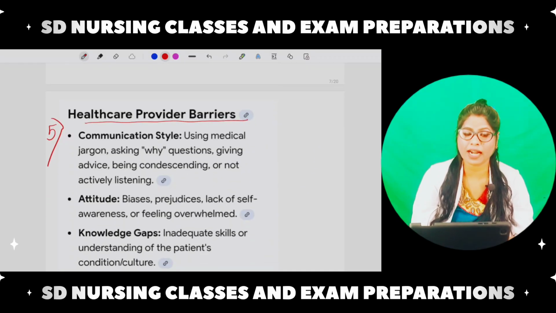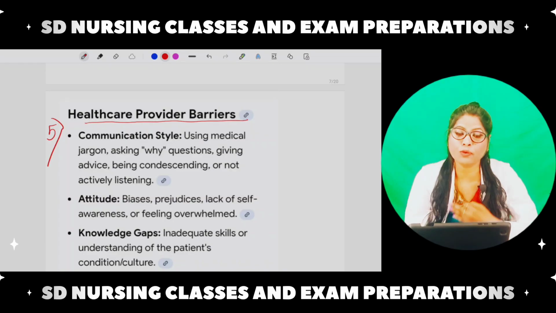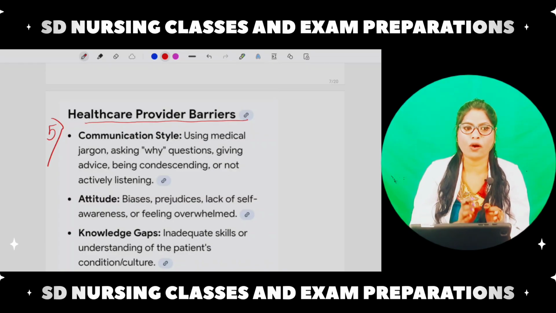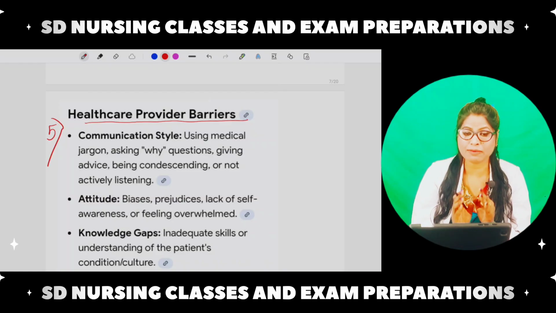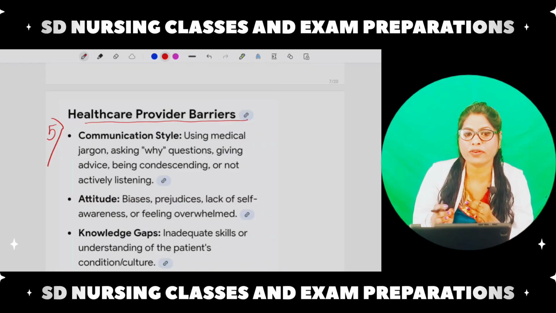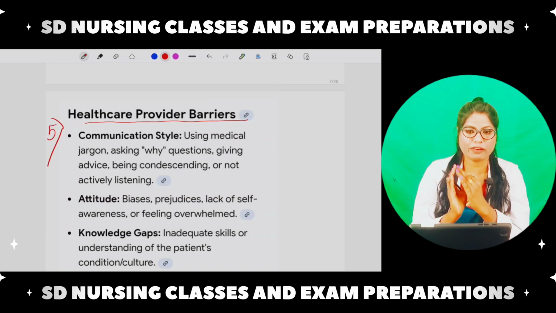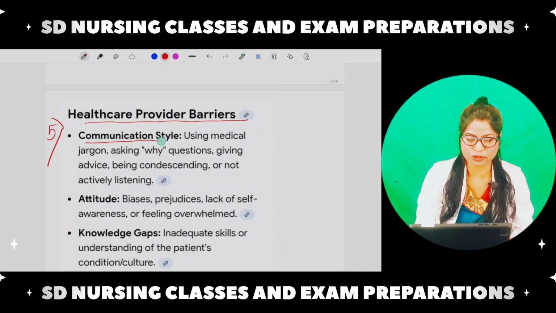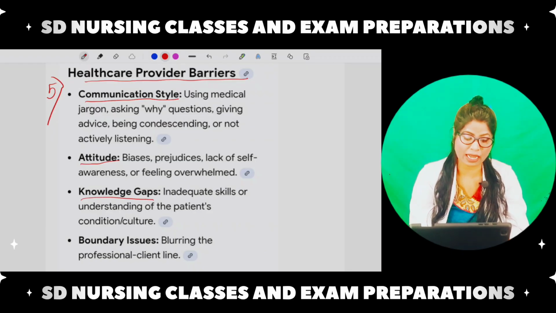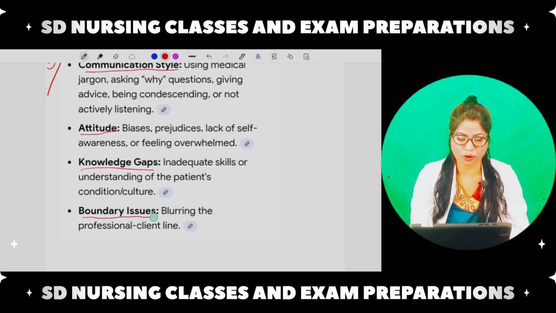Means what? Sometimes we, who provide healthcare to the patient, may cause negative things from the health worker side that may create a barrier for effective communication. The first is communication style. Next is attitude, knowledge gaps, and boundary issues.